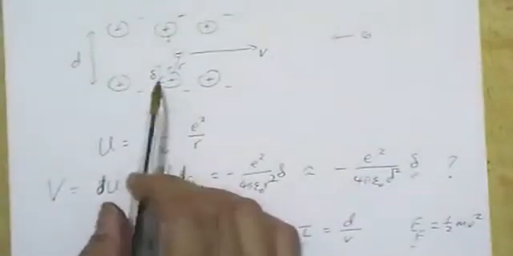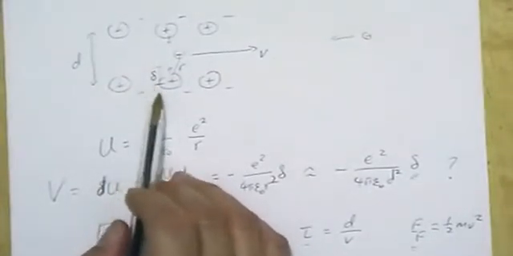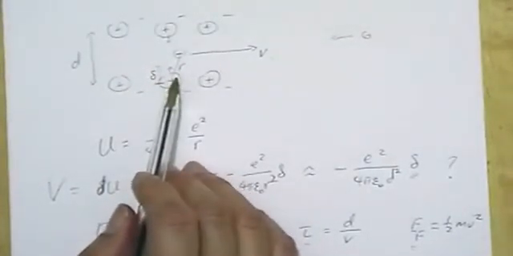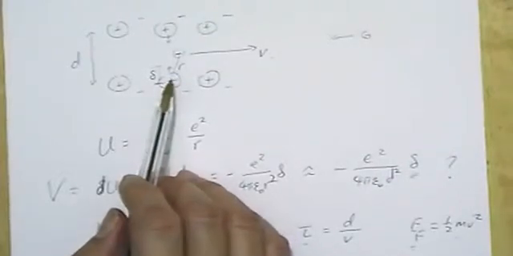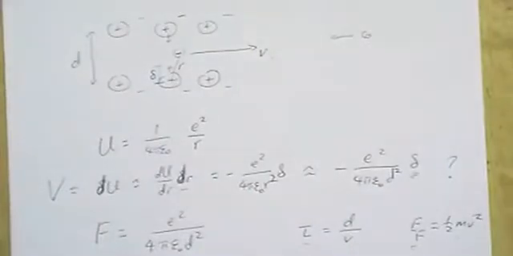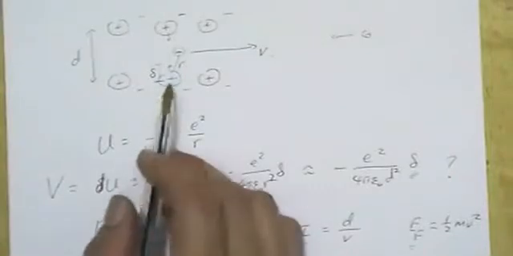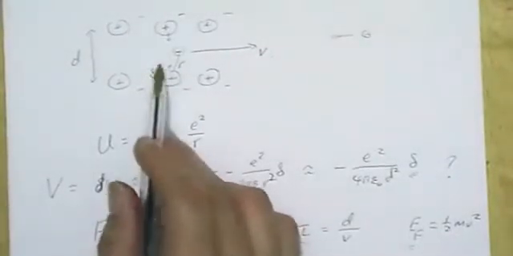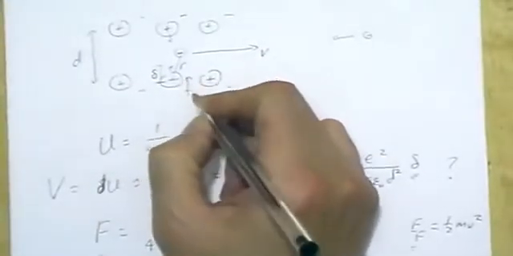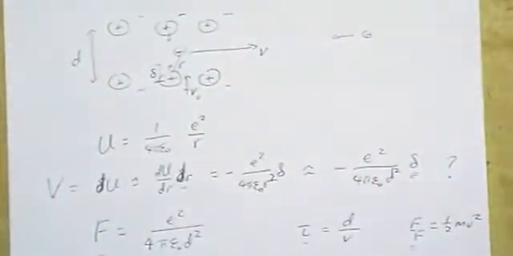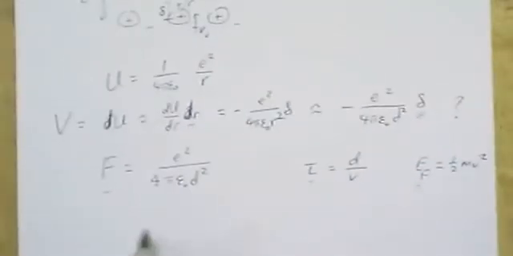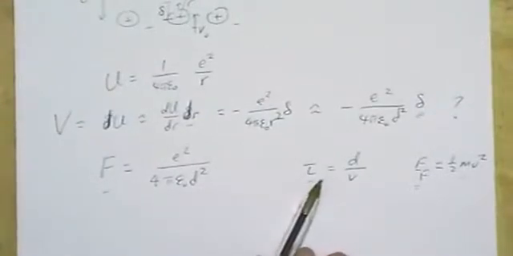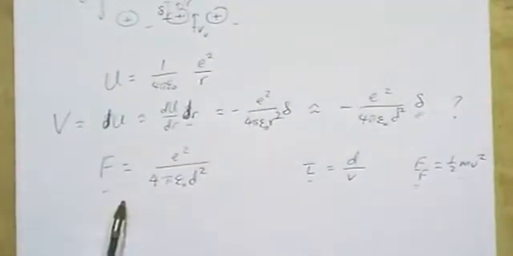Now coming back to what I want to do, I want to estimate this displacement. I might be able to do that if I know the initial velocity with which it moves. Because there is this force acting on it for a short time due to the electron.